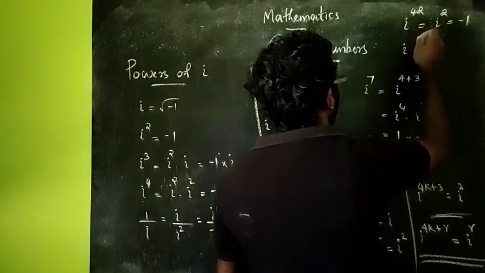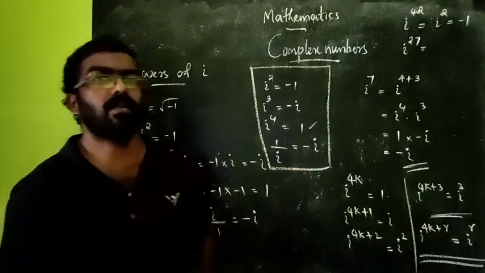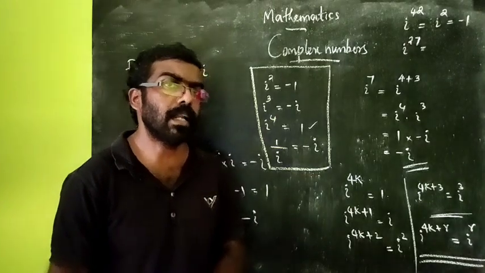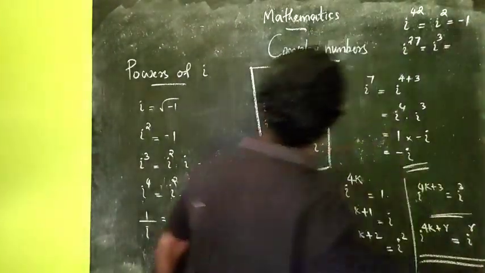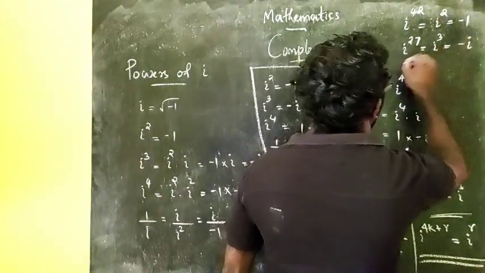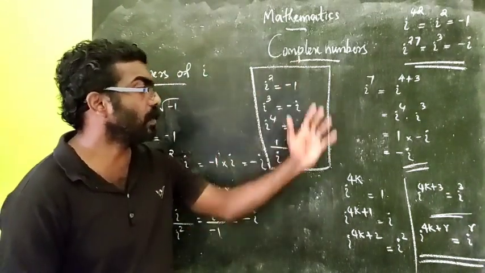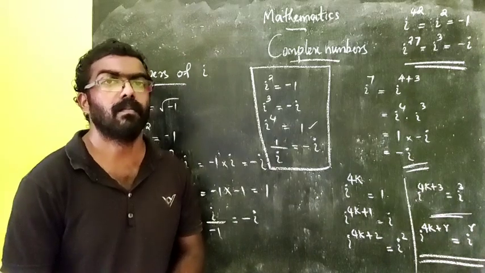Then i raised to 27. 27 we have to divide by 4. 6 fours are 24, okay, 3 balance. So i raised to 3. And what is i raised to 3? i cube is -i. That's why I already told you, if you know these four values, you can easily solve every problem. Clear?